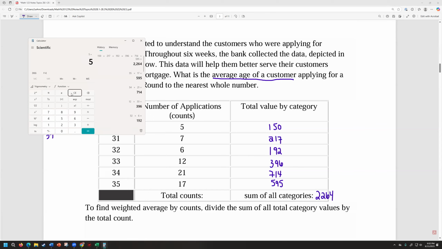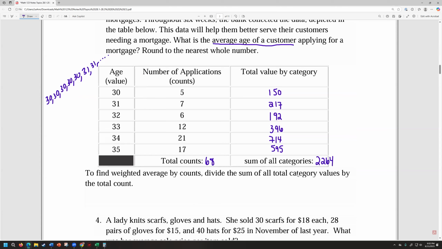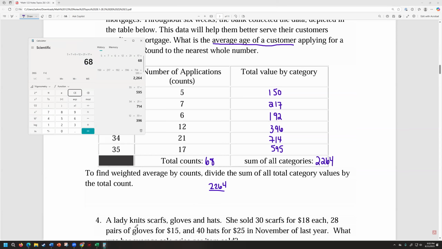So if we add that together, 5 plus 7 plus 6 plus 12 plus 21 plus 17, that is 68. So notice you have all of your ages added together. That's going to be our top part because we wanted to average the ages. We wanted to know the average age. We're going to divide that by how many applicants we were looking at, which was the 68.